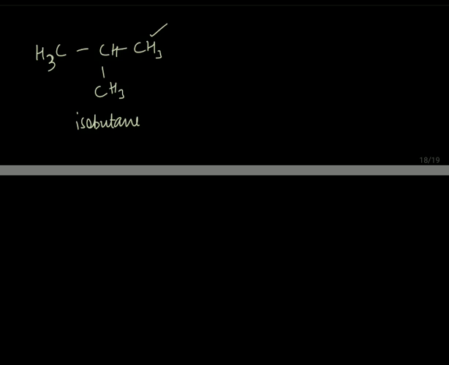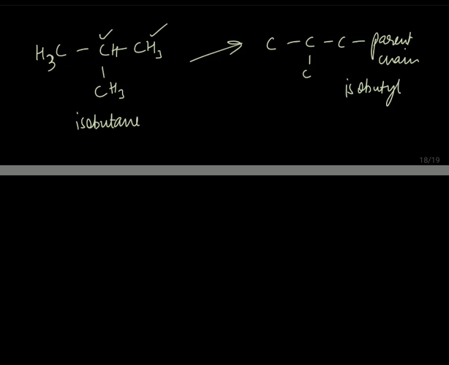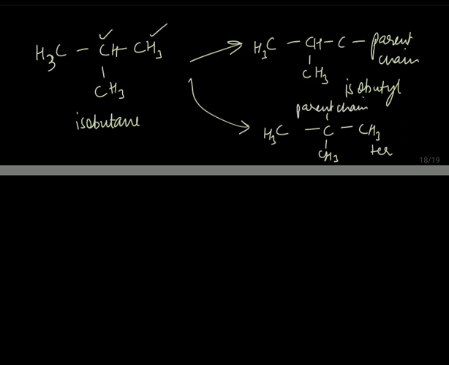Either this terminal carbon can be attached to the main parent chain, or this middle carbon. If it's the terminal carbon attaching to the main parent chain, this is called isobutyl, or if the middle carbon is attaching, we call it tertiary butyl, or simply tert butyl.